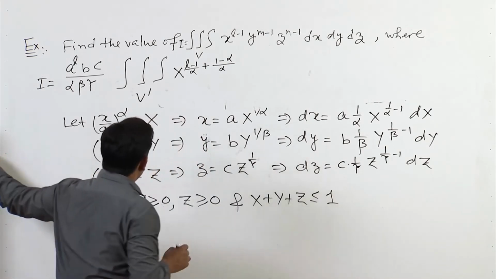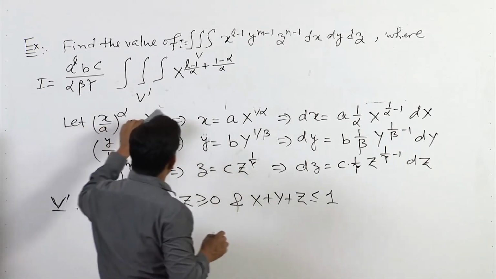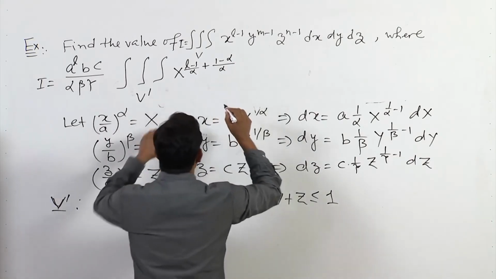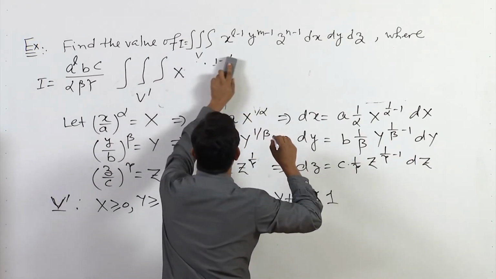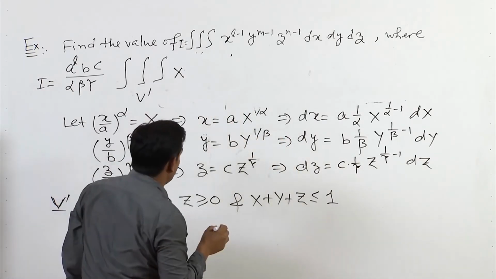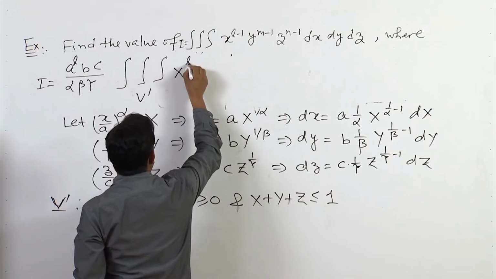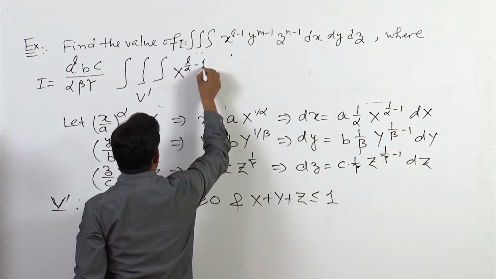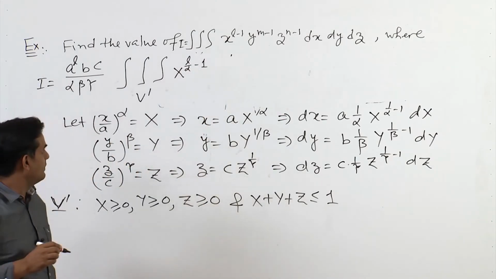If I simplify it, minus 1 plus 1 will cancel, so it will become capital X raised to power l upon alpha minus 1.